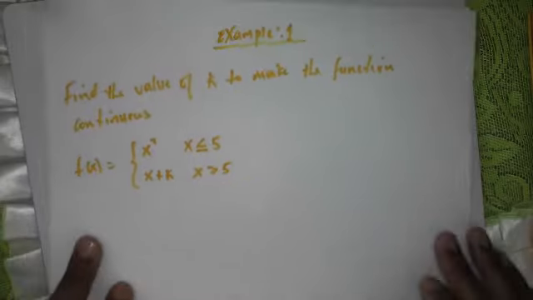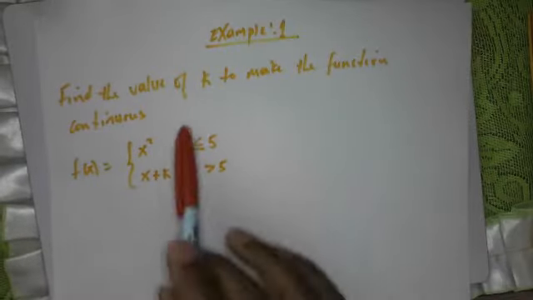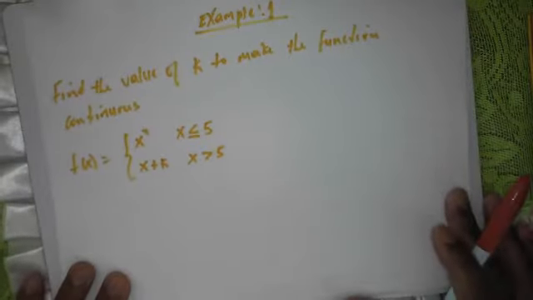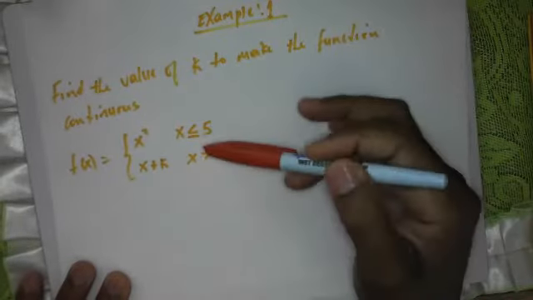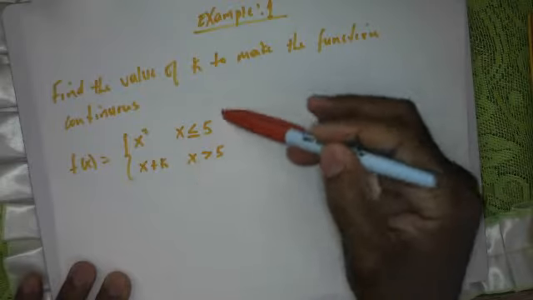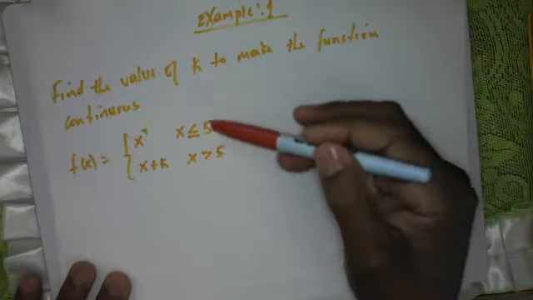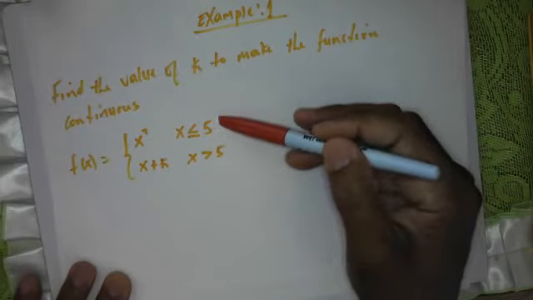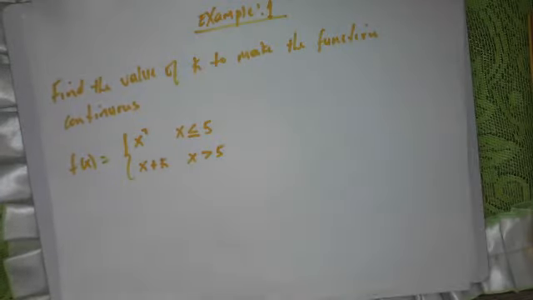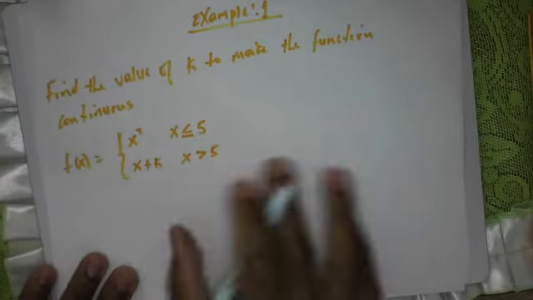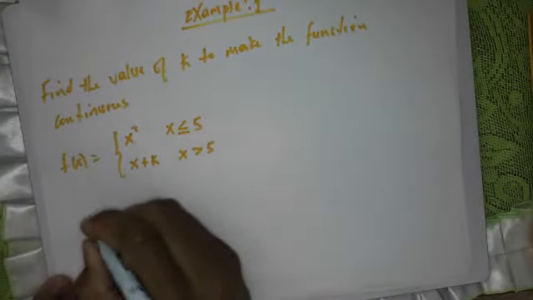Alright, example 1. It says, find the value of k that makes the function continuous. Now, as we said before, a is that number that is common in the constraint. This is your constraint. And this one is a little straightforward because we just have the same number in both constraints. So it means that once you're finding the value of k, you're using the second rule, which is this.